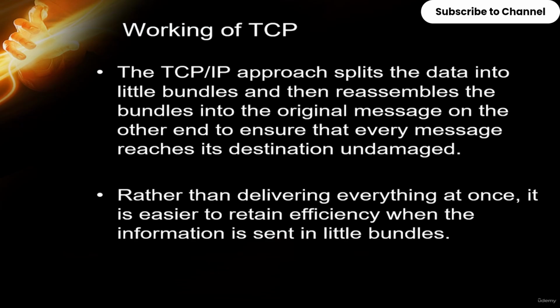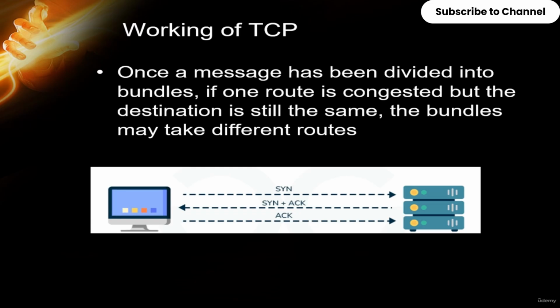Once the messages are delivered to the receiver, it reassembles the information which is in the bundle. You can see in this diagram, large messages are divided into small bundles.